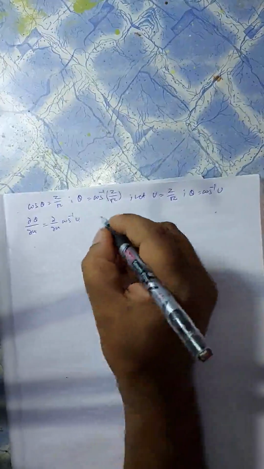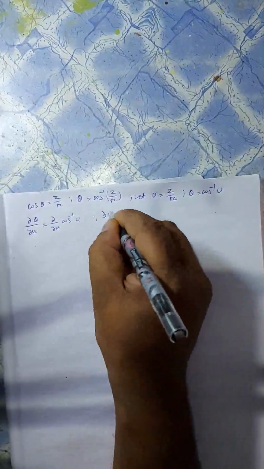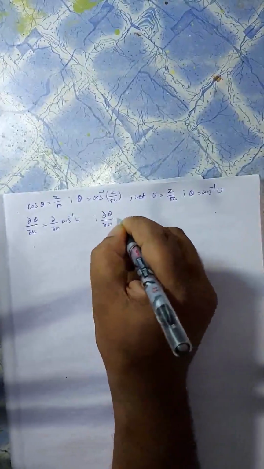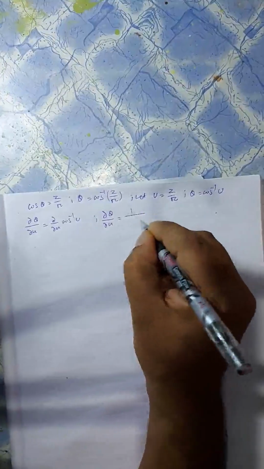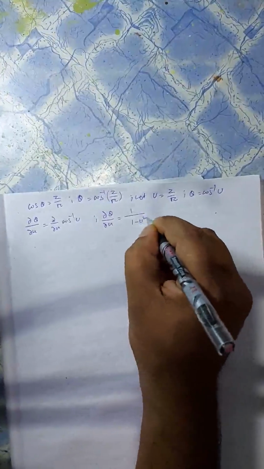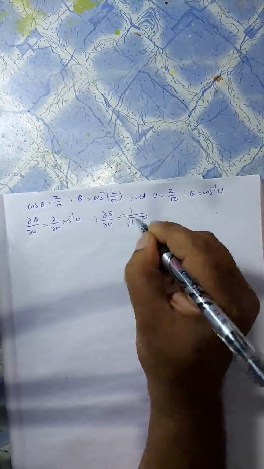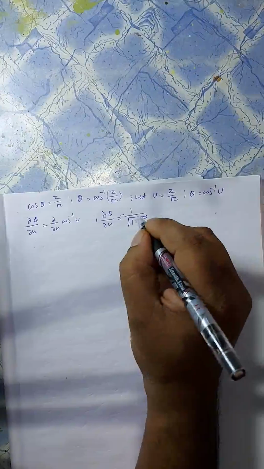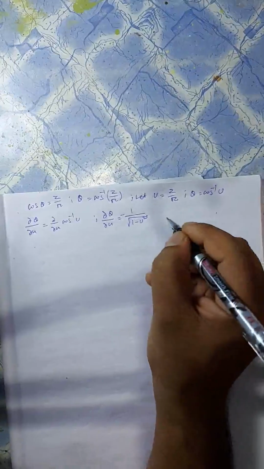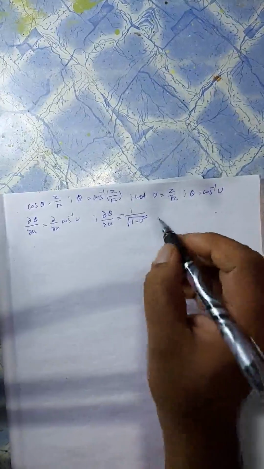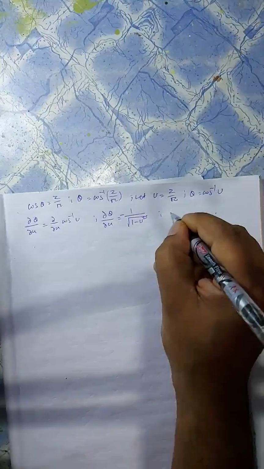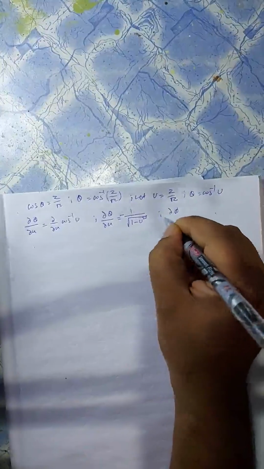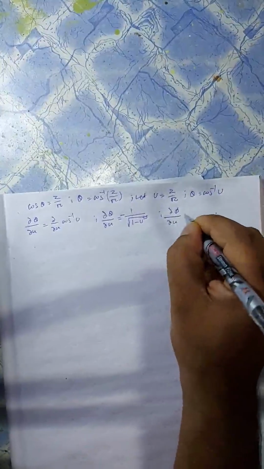Now ∂θ/∂u is equal to minus 1 by square root of 1 minus u square. Same process we have to do. Put here the u value z by r, whatever we did in the previous one, same thing you have to take.